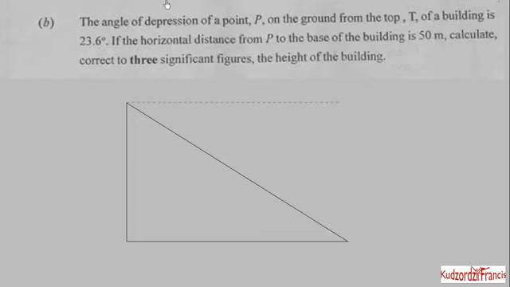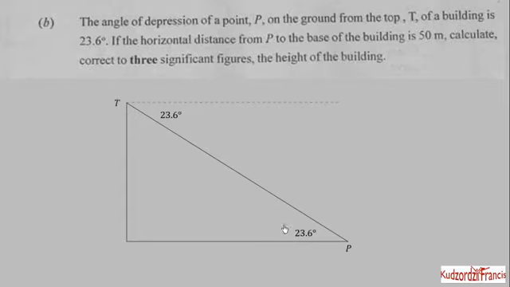So the angle of depression is this angle over here, which will be the 23.6 degrees. By the alternate interior angle property, we'll get this. So like we were saying, this is the point and this is the top of the building.